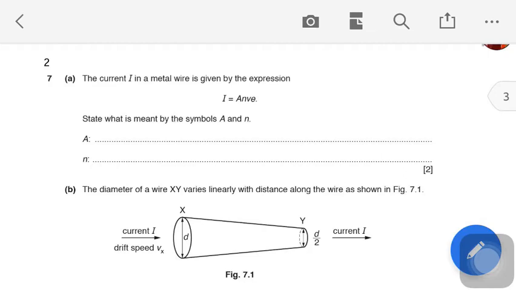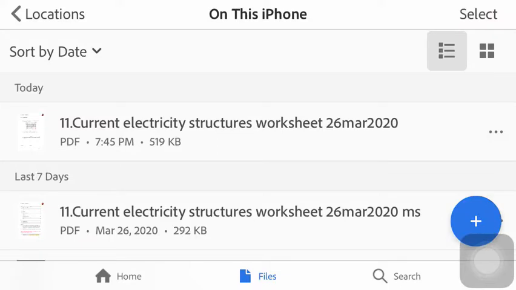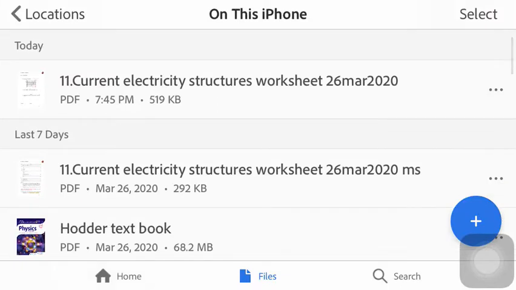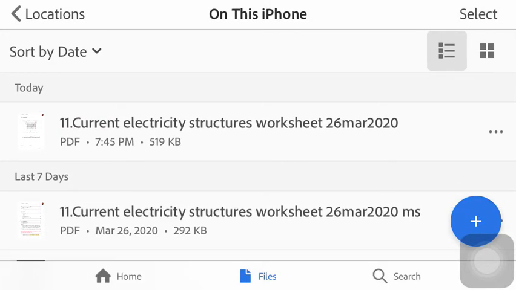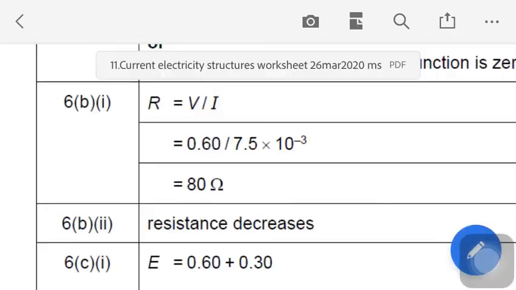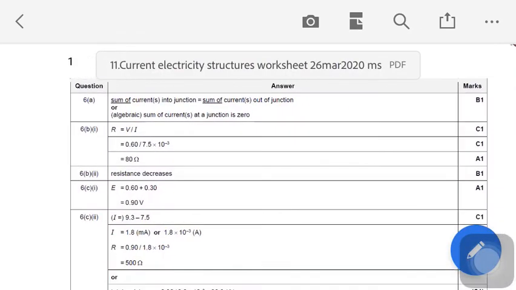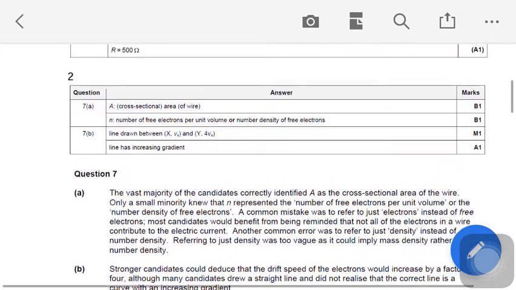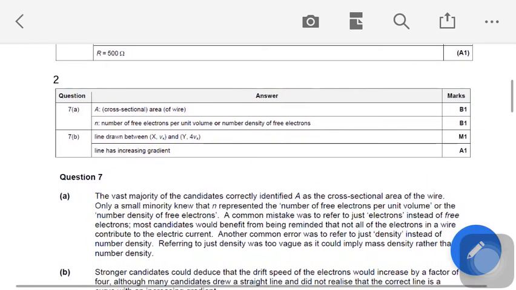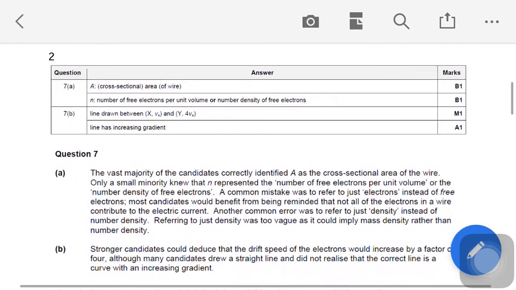Now first let me clear out the area thing. If you have simply written area, that is wrong, because area could also mean the surface area of a conductor.